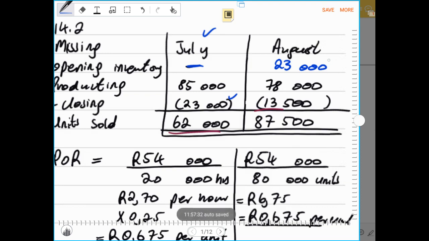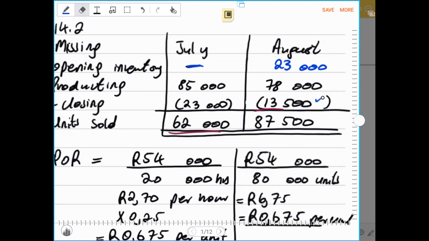And in the case of August, we see that our opening is 23,000 and our closing is 13,000. So now in this case, our opening is more than the closing. Therefore that means the absorption profit will be less than that of direct profit. So it means in this case, direct profit will be higher than absorption profit because our opening is more than the closing.